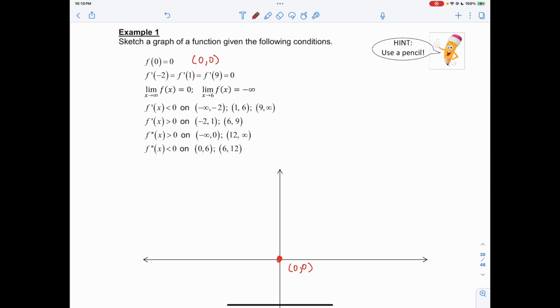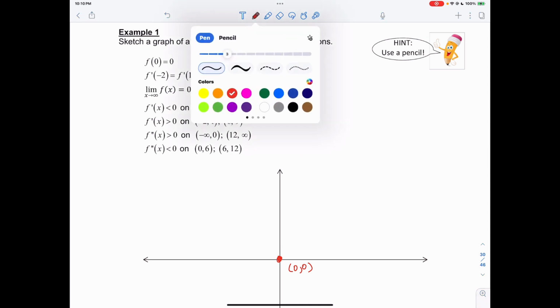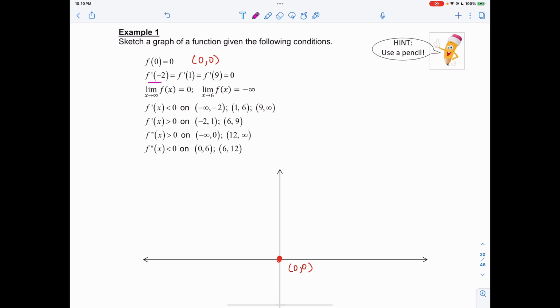We know that f prime of negative 2 is equal to f prime of 1, which is equal to f prime of 9, which is equal to 0. Because they're equal to 0, these are our critical numbers, and they are possible maximums or minimums. Not guaranteed, but because they're critical numbers, it could be happening there.